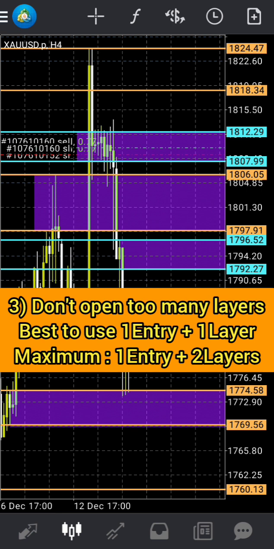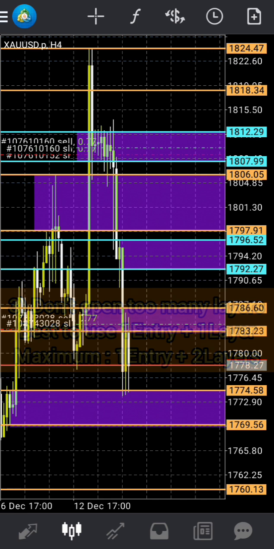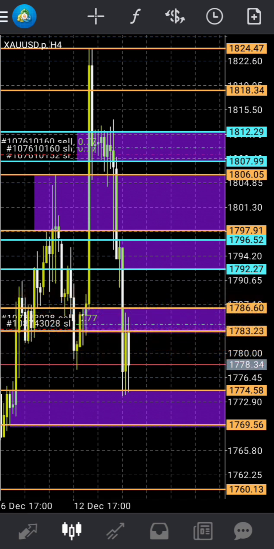When you take TP, you only take 2. That is the main thing. So you cannot kill your account in one setup. Only 1 entry with 1 layer, meaning it's only 2 entries running per time. After you close these 2, you open again 2.